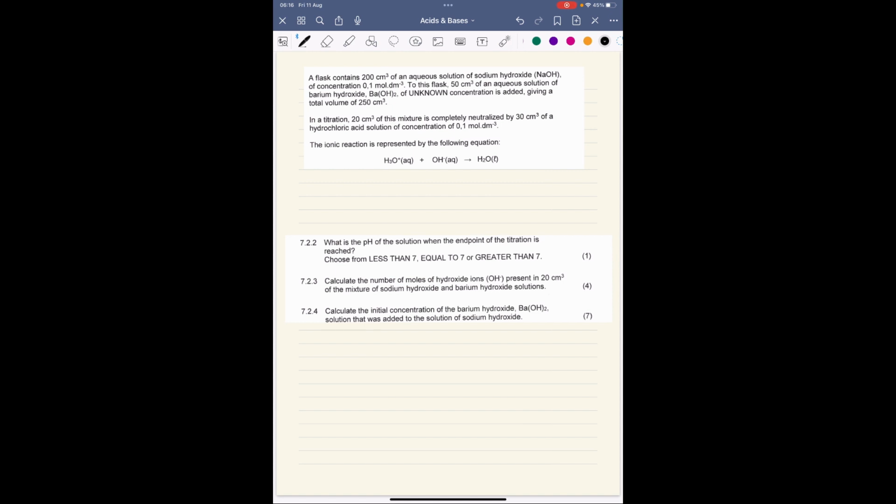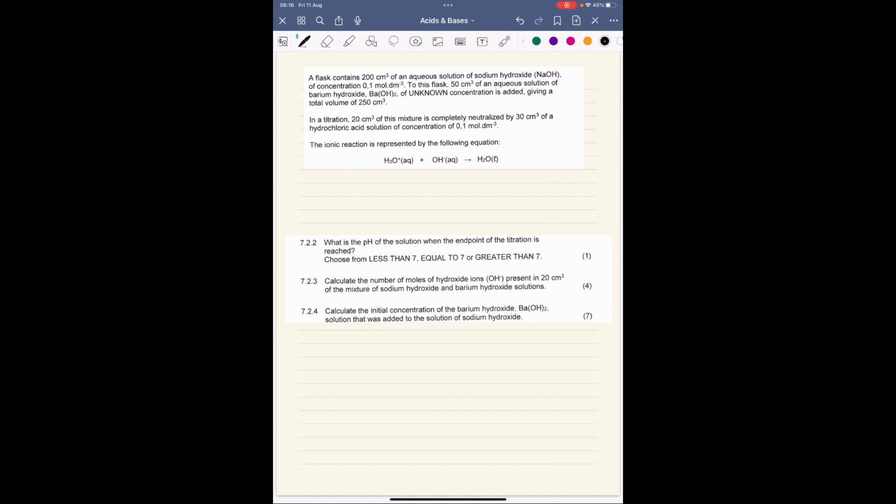A flask contains, and I'm going to break it down after this first reading. A flask contains 200 centimeter cube of an aqueous solution of sodium hydroxide of concentration 0.1 moles per decimeter cube. To this flask, 50 centimeter cube of an aqueous solution of barium hydroxide of unknown concentration is added, giving a total volume of 250 centimeter cube.